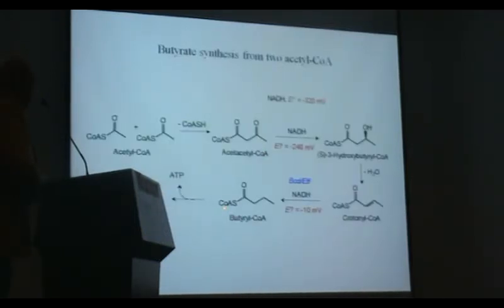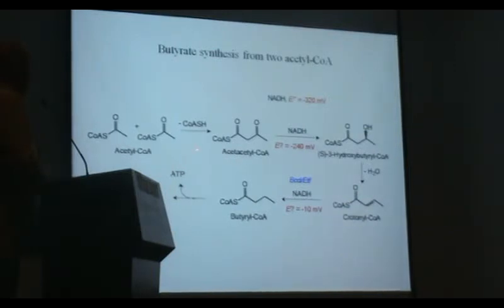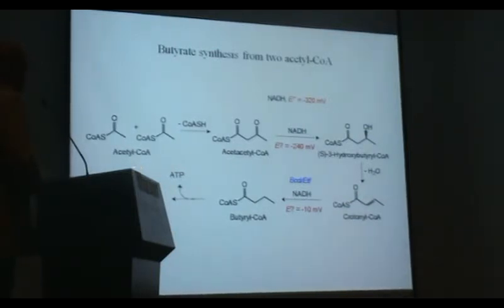And now, the anaerobic bacteria, Clostridia, many of them synthesize butyrate. And this is the standard synthesis of butyrate, which occurs in many textbooks of biochemistry.